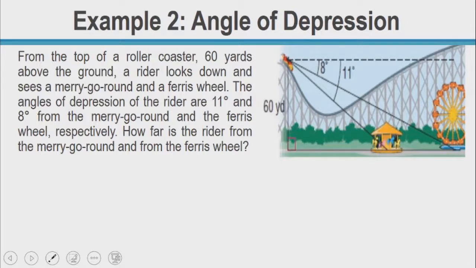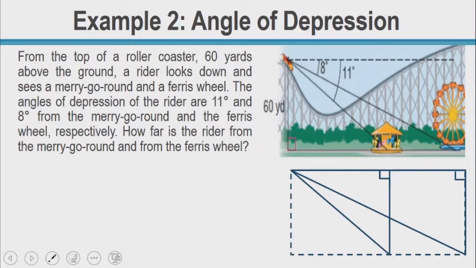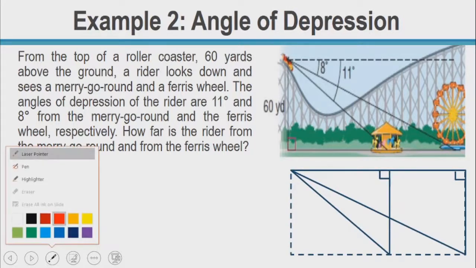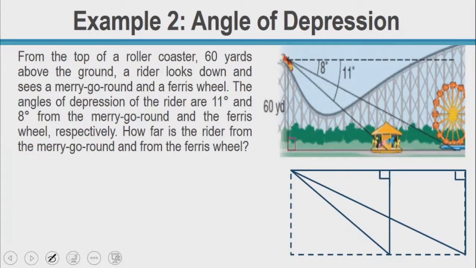If you have a question like this, you might want to redraw it. For me, I decided to draw the question so that I can see it. We see that this makes a right angle triangle with the horizontal line, and this angle is 8 degrees, and this one is 11 degrees.